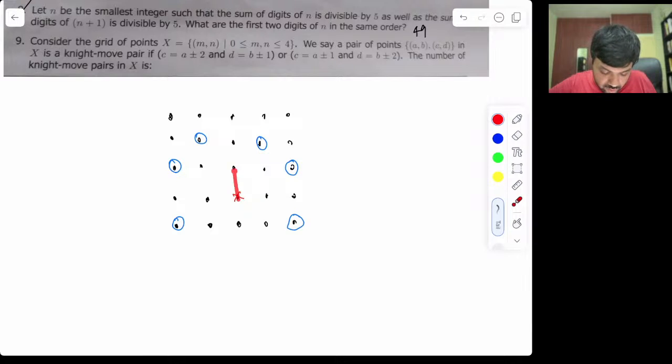So how would you do this? There is a certain symmetry, that's clear. A comma B. C is A plus 2. You just write all possible cases.